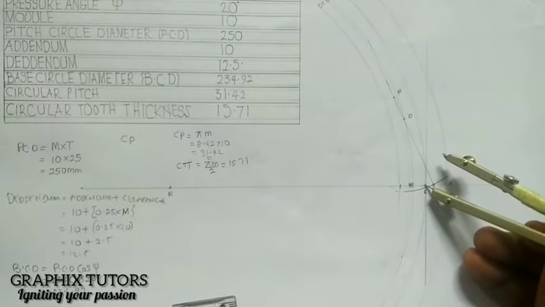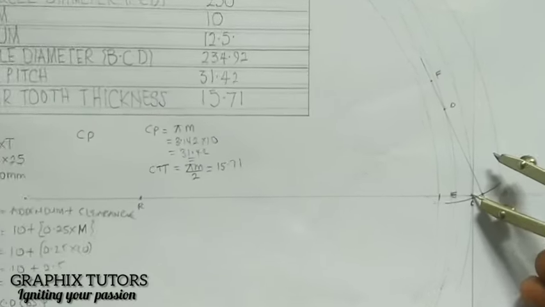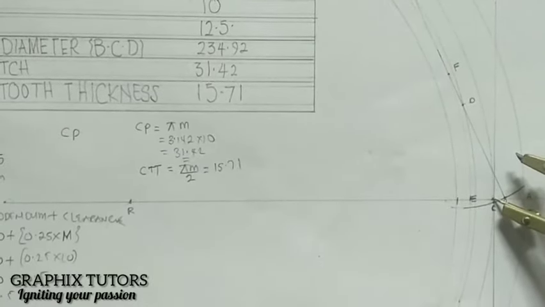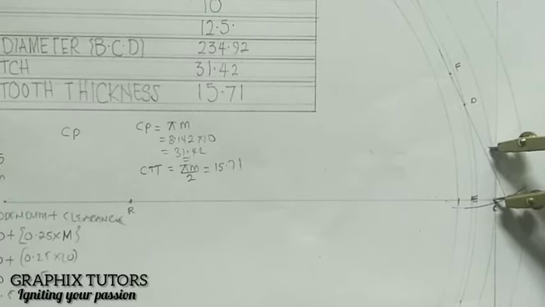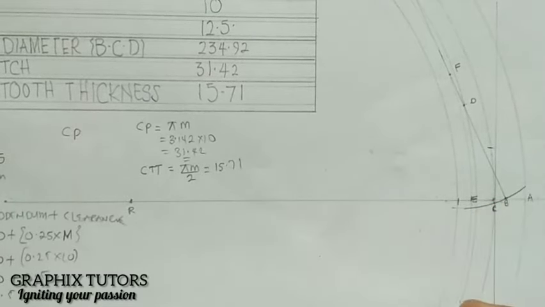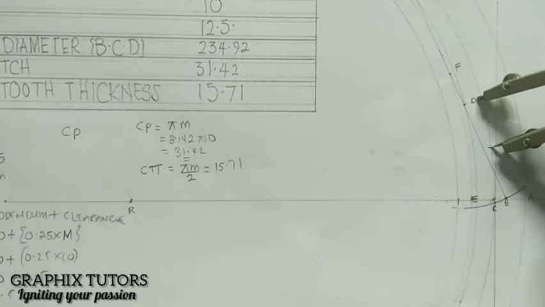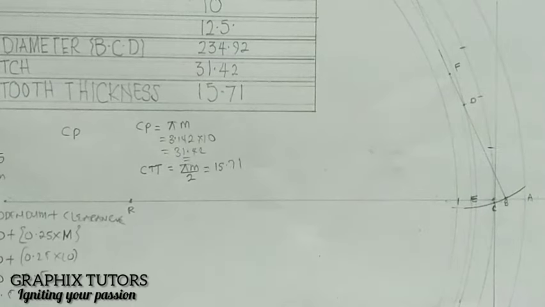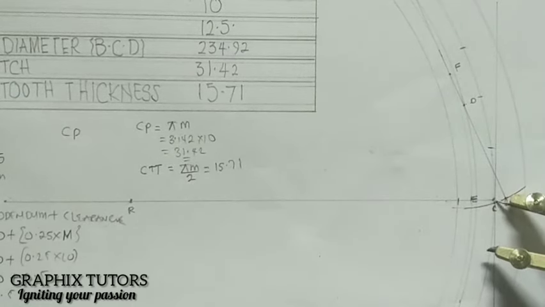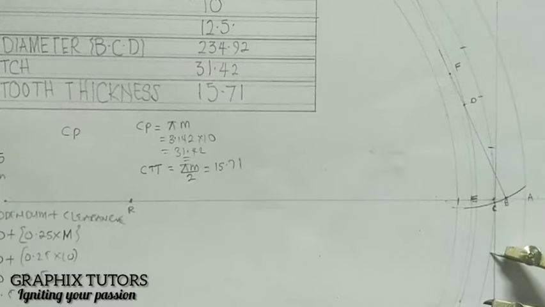So let me enlarge it so you see what I'm talking about. I'll place it on the C and start marking around. This is 1, so this and this making 1 tooth. Around again, 1, 2, making 2 sides of teeth. From that same point here, C also 1, 2, making 3 sides of teeth.